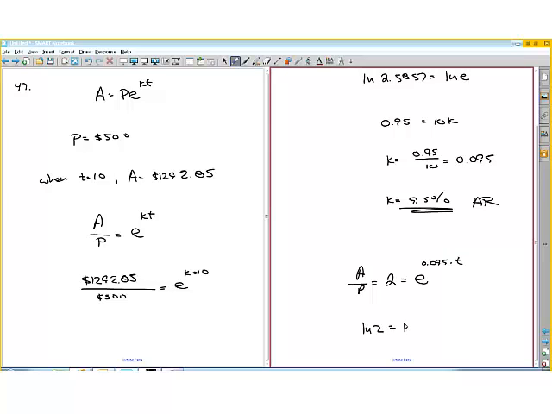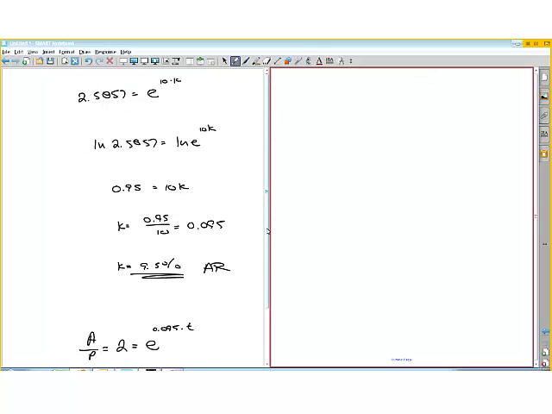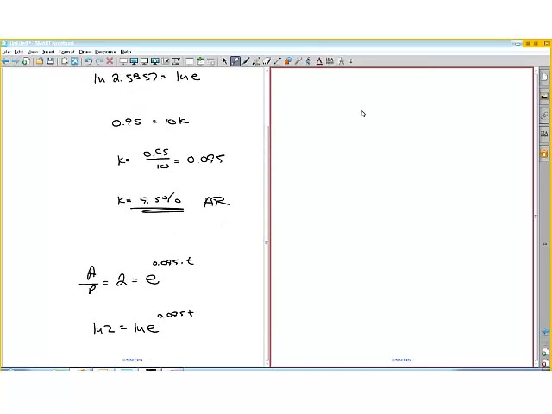Okay, the natural log of 2 is equal to the natural log of e to the 0.095t. The natural log of 2 is 0.693, which is equal to 0.095t. So t is equal to 0.693 divided by 0.095.